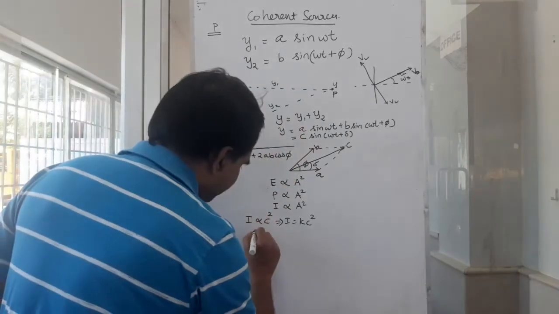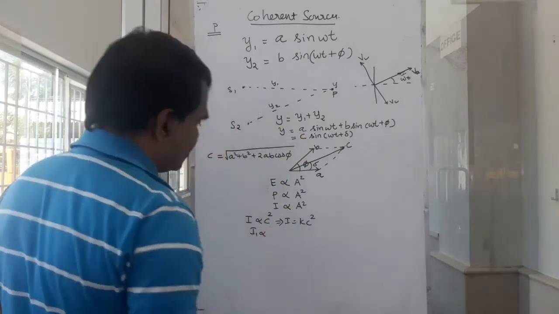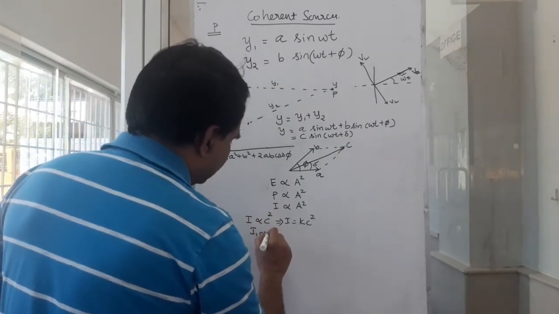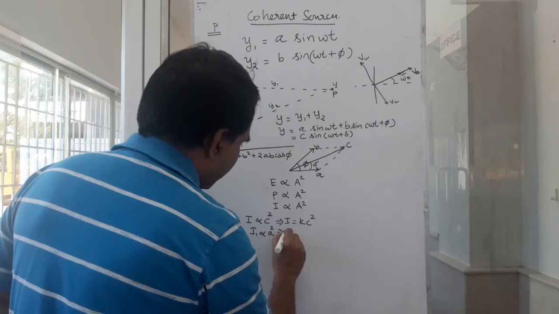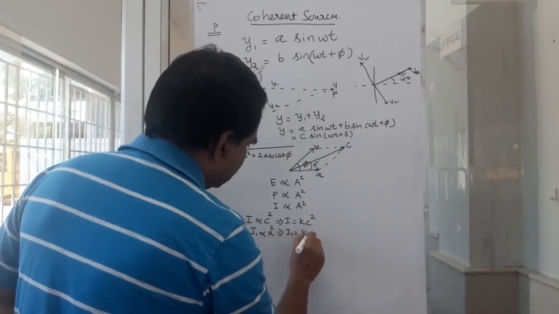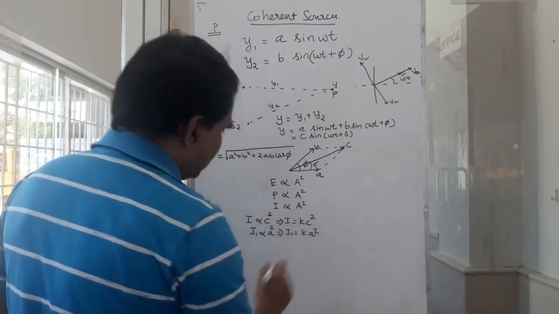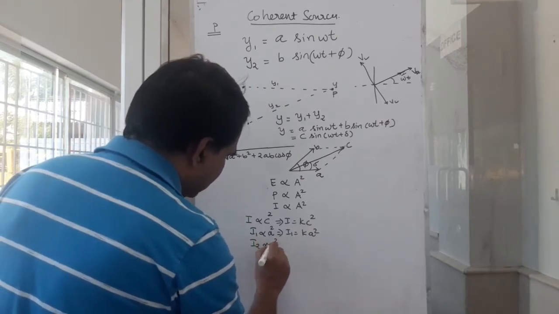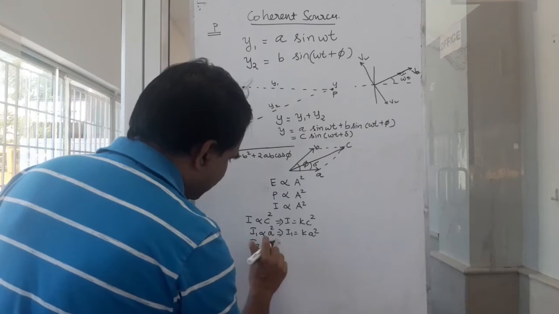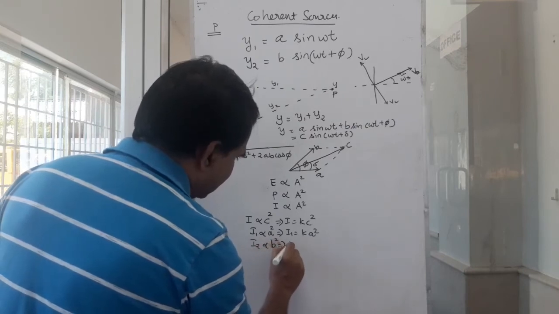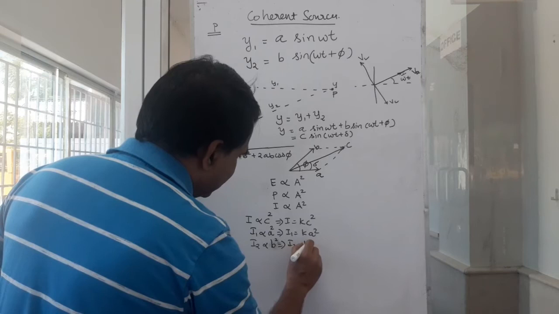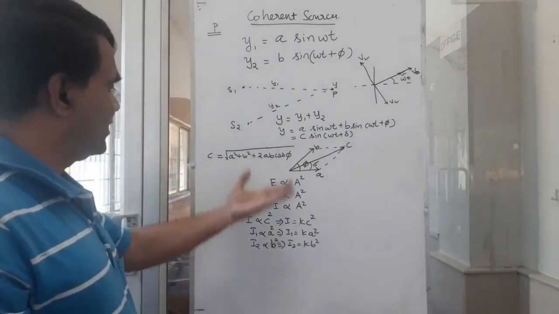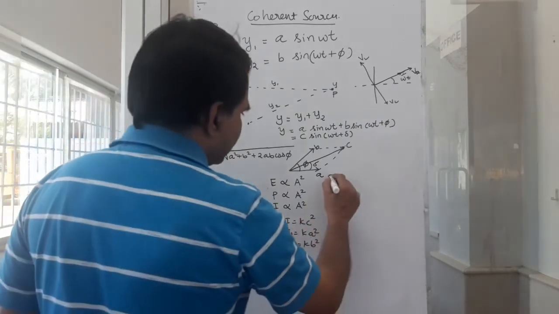Likewise, I1 will be proportional to A square, so I1 is equal to K into A square. Then I2 should be proportional to B square. So that gives you I2 is equal to K into B square. Okay.